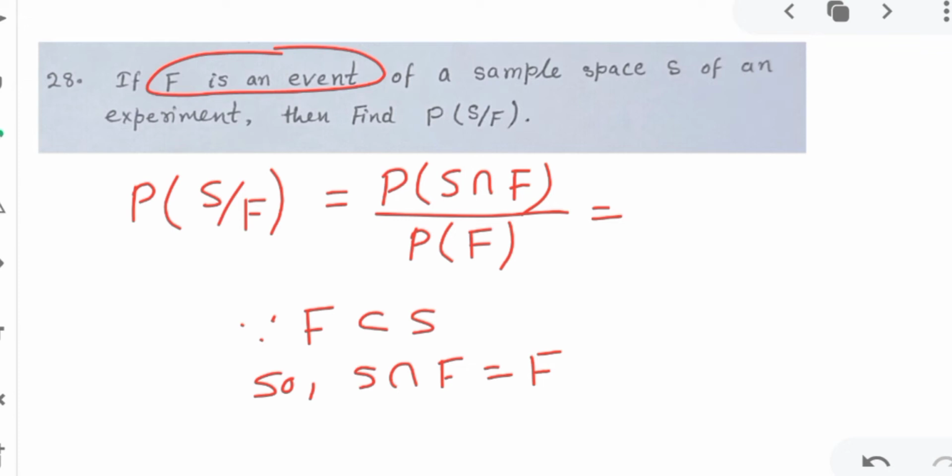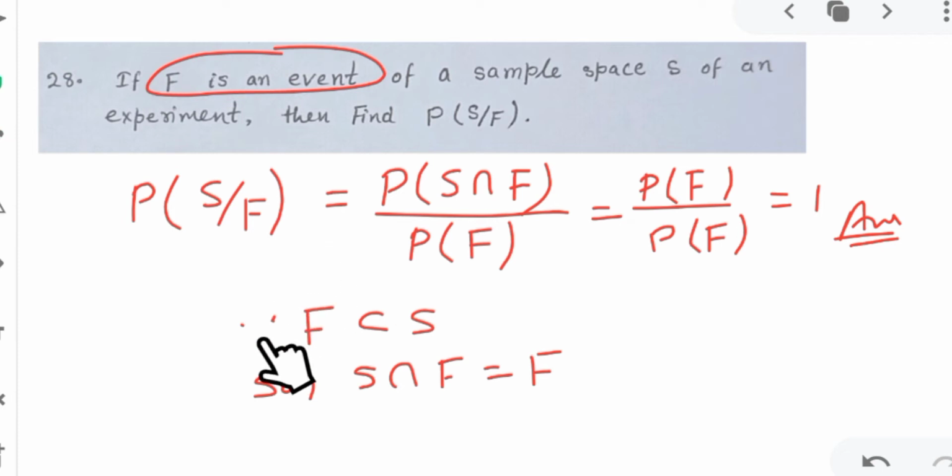Now this S intersection F you put as F, so you will get probability of F divided by probability of F, the same quantity, so ultimately you will get 1 as your answer. Why? Because F is a subset of S, correct, and S intersection F will be F. So probability will be 1.